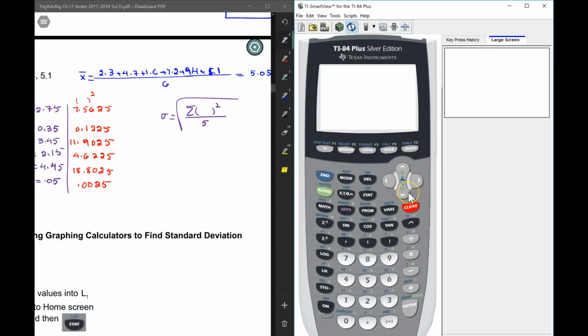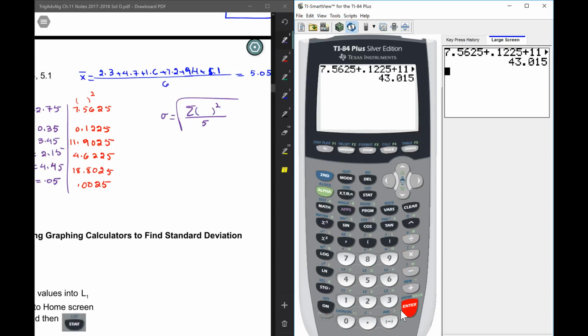I'm going to add them up. 0.1225, 11.9025, 4.6225, 18.8025, plus 0.0025.